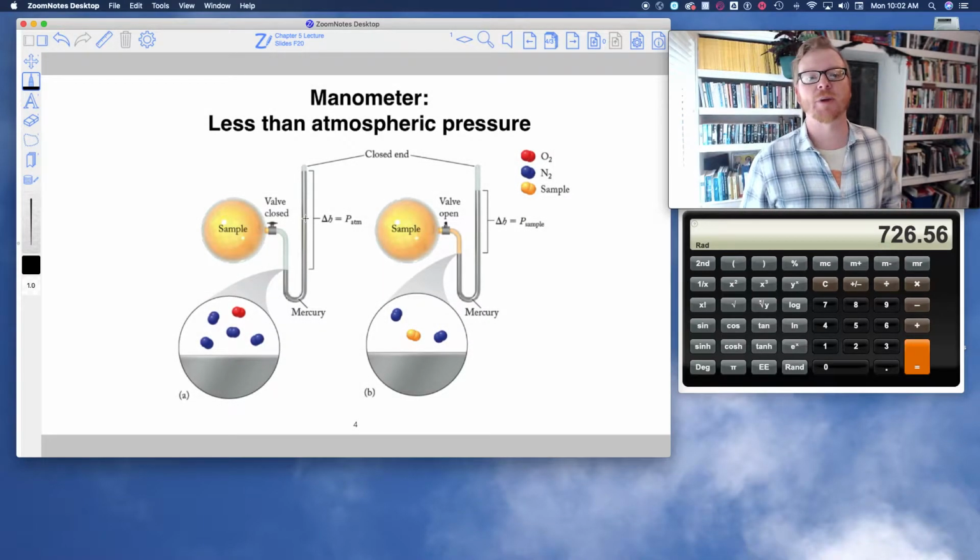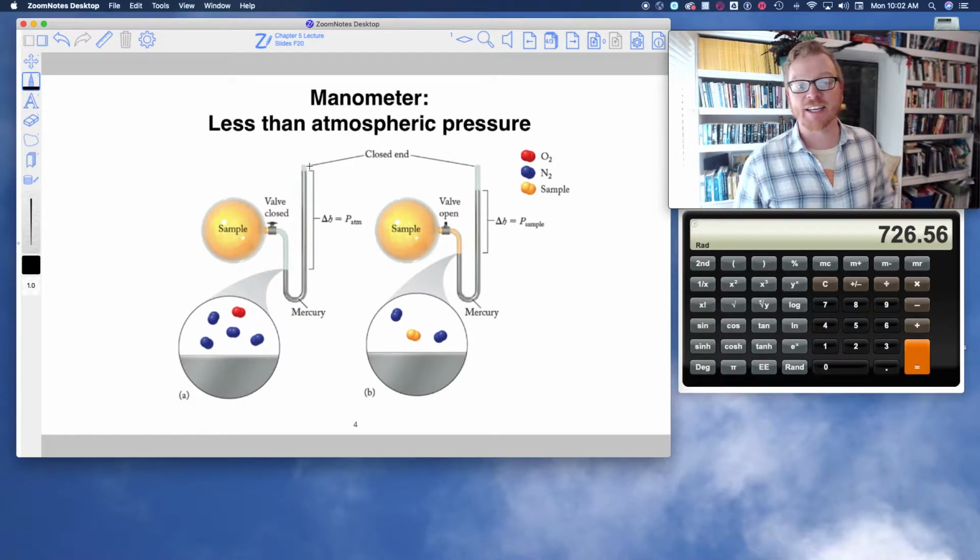Well, we can still use this manometer, but now this end is closed. Okay, and so now there's no force opposing this thing, like in the atmosphere. Let me write this down really quick. P sample is less than P ATM. And so now when you open this up, what ends up happening is there was actually some slight amount of pressure in there, as well as in there.